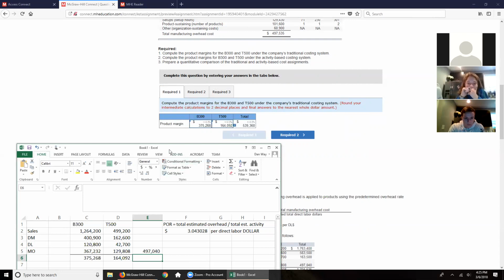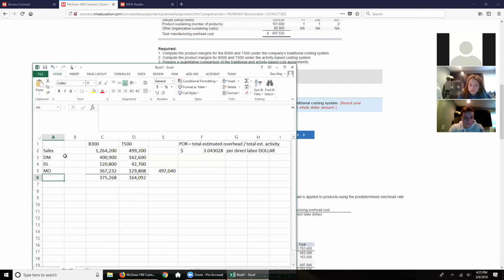Okay. So then we're going to do the same thing now using the ABC system. The nice thing about that, if nice is the word, is this whole part doesn't change, right? Because sales is still the same, direct materials, direct labor, that's all the same. Now we just have to change the way we allocate or apply overhead to these products. So in our ABC system, rather than having a plant-wide overhead rate, we have these activity rates.